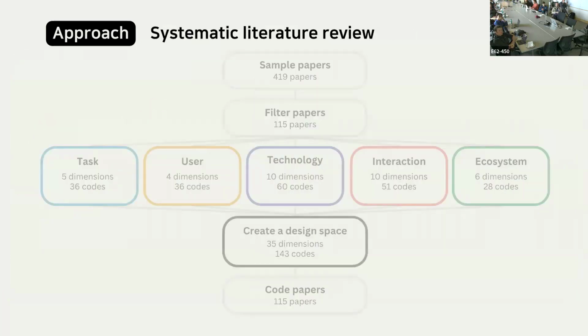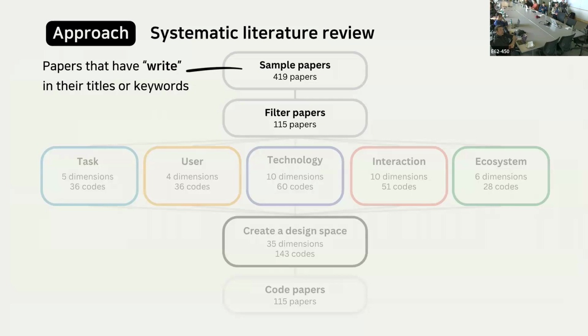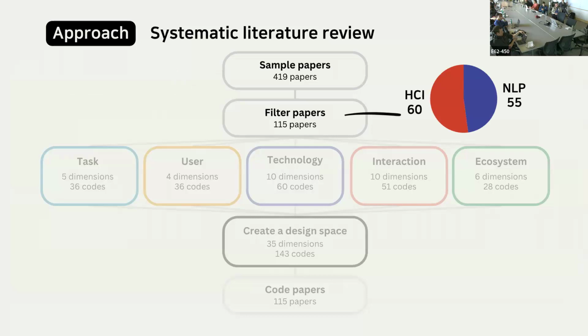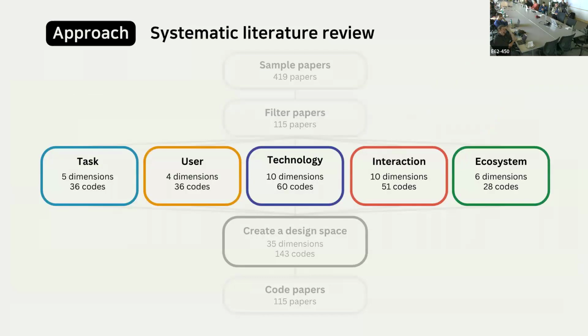We did a systematic literature review by first sampling papers that have write in their titles from NLP and HCI venues, and then filtering these papers based on the scope that we had. And then we broke into 5 teams. Each team was basically an individual research group, which had a team lead, team members, and advisors.